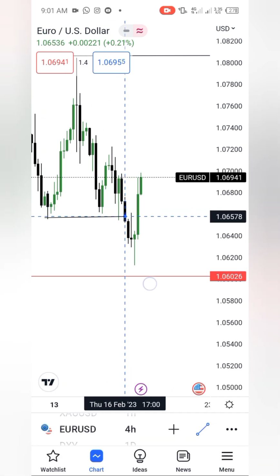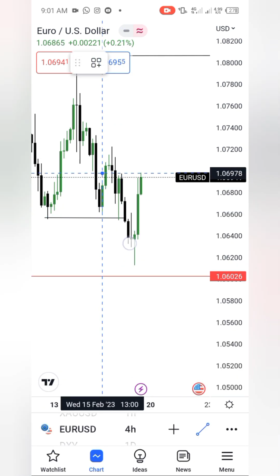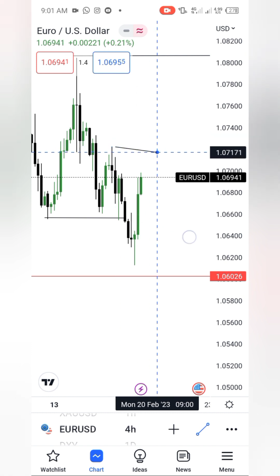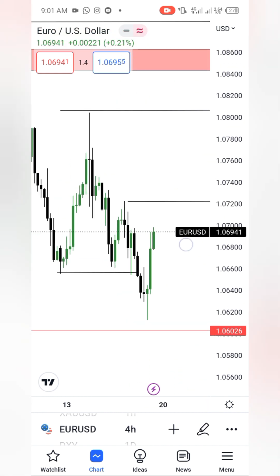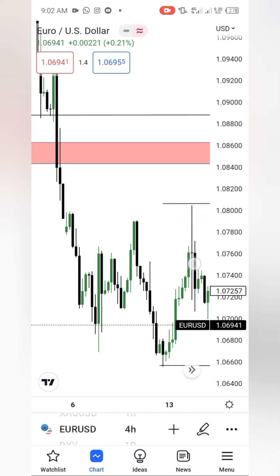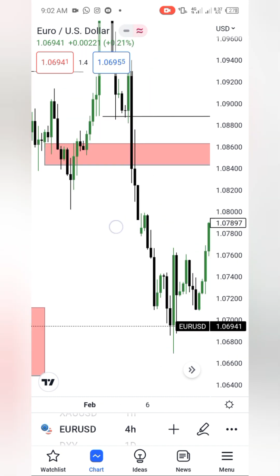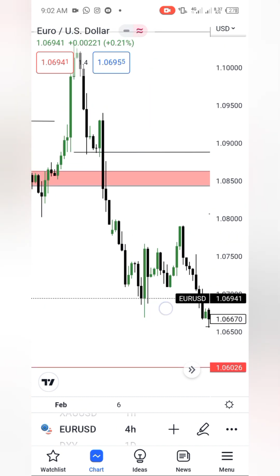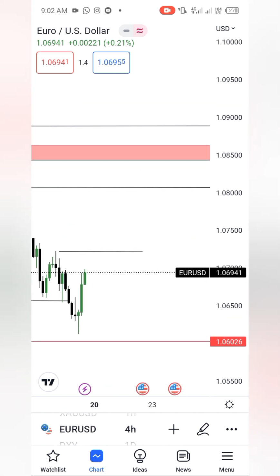If I can see this, after taking this here and we take above here, it will be something for me to look for long. If you can break above here, it's still for me to look for this buy side liquidity here. After this buy side, it will be easy for me to look for this breaker block here and target to complete the fair value gap within 1.0900, which is a big figure.